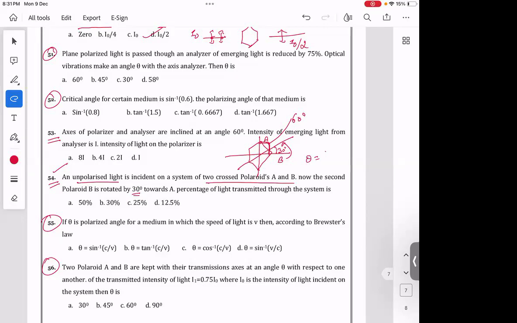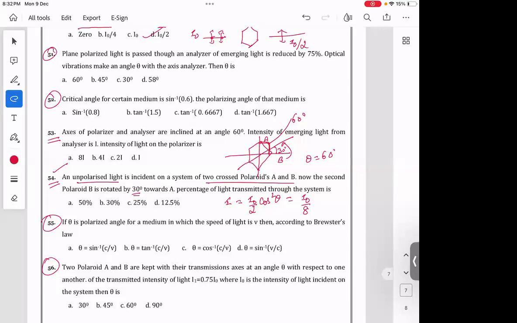So if theta is 60 degree, can you tell me what will be the percentage of the intensity? I will be I naught by 2 cos square theta. Theta is 60 degree, so it becomes I naught by 8. What is 1 by 8? It is 0.125.